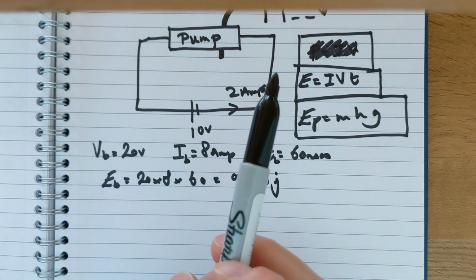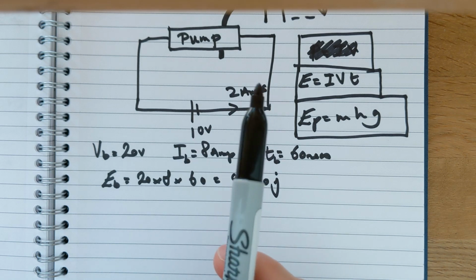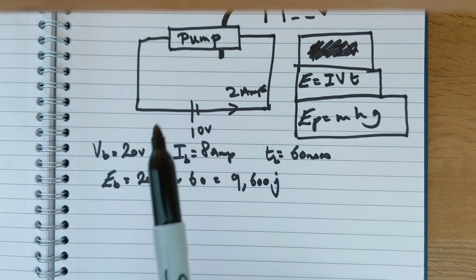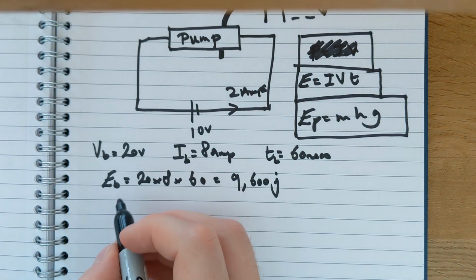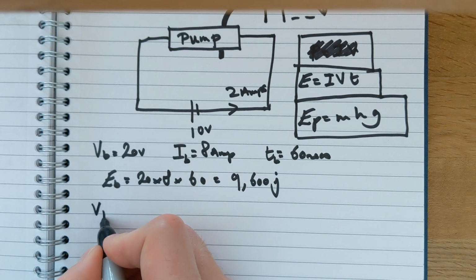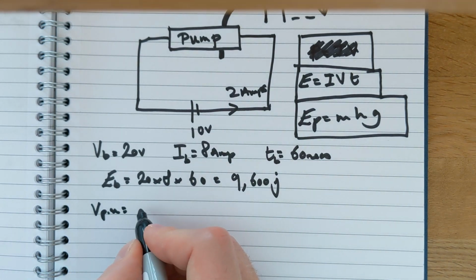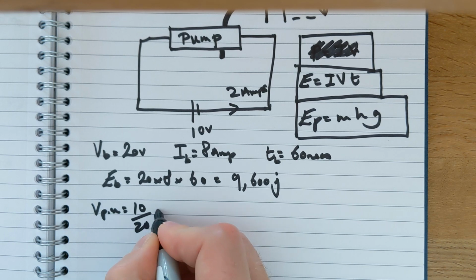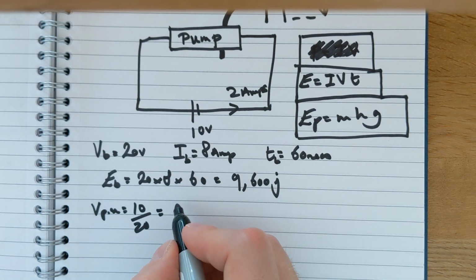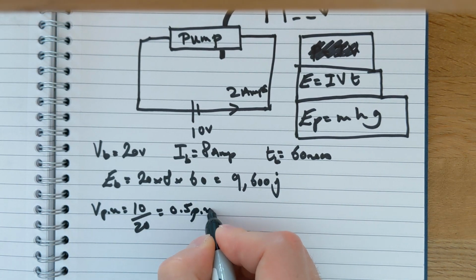Right, so then we need to put our circuit values, the 2 amps and the 10 volts, into the per unit system. So our voltage per unit equals 10 divided by 20, which equals 0.5 per unit.